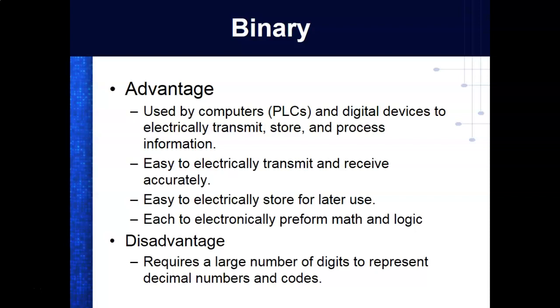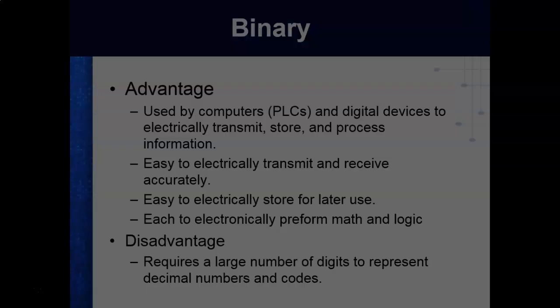Disadvantage: it requires a very large number of digits to represent decimal numbers in codes. So it's easier to store, it's easier to do math, the circuits that do math are a lot easier, and it's easier to accurately store. When you store something on your USB thumb drive, it's all 1s and 0s. All they're doing is basically storing voltage levels in there, kind of like a little capacitor device.